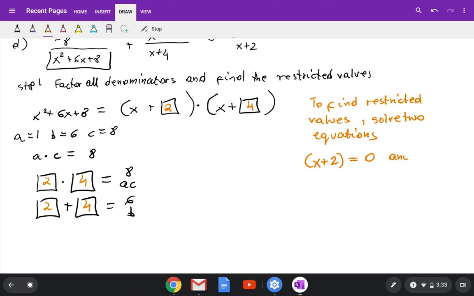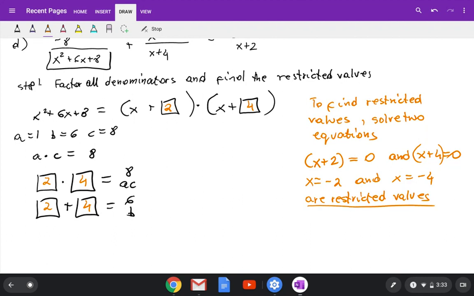So we get x equals -2 and x equals -4. Okay, these are restricted values, which means they cannot be a solution. Okay, that's what restricted value means.